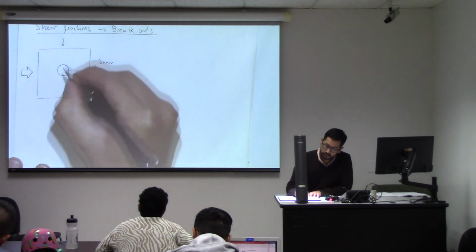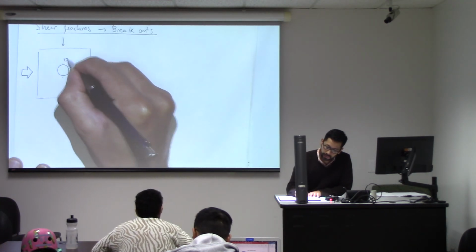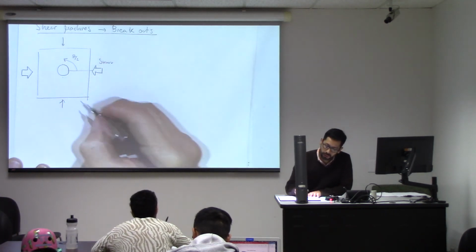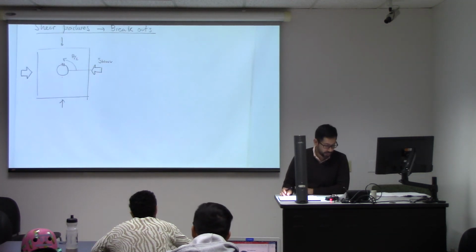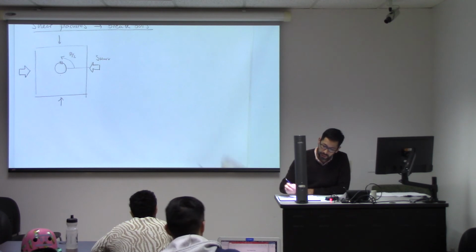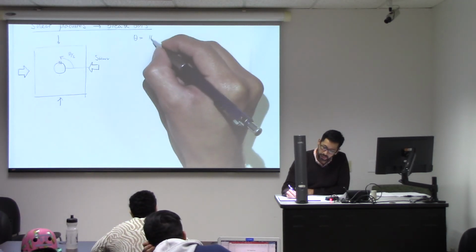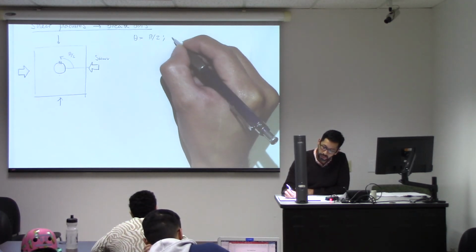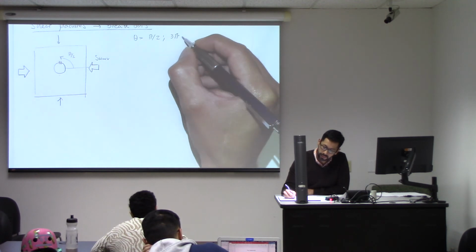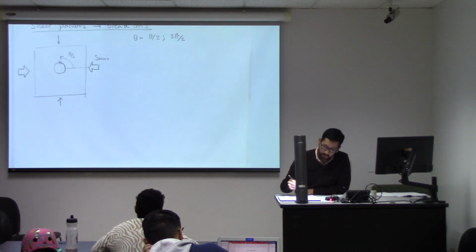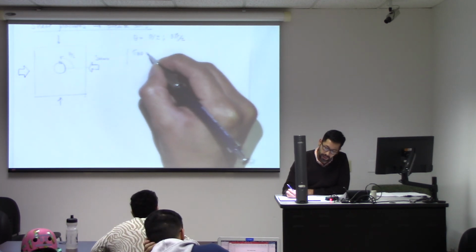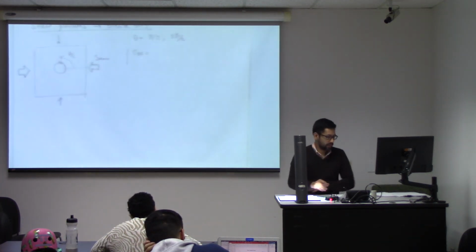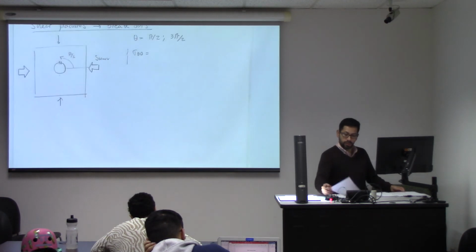You remember? And that's going to be a theta equal to 90 degrees. If you replace the equations of Kirsch for theta equal to pi over 2 or 3 pi over 2, then what you would get is sigma theta theta. Now, let's recall those equations.